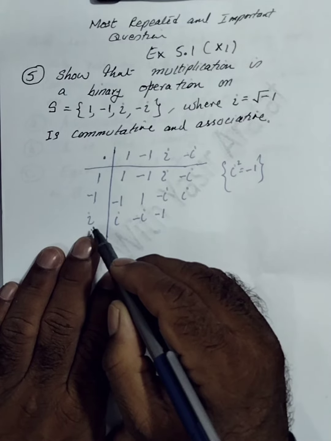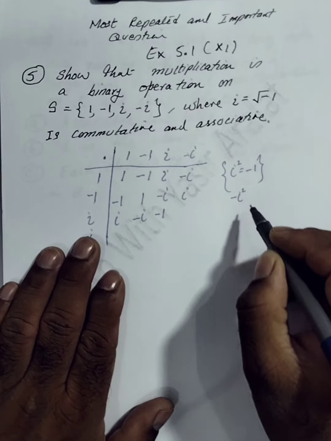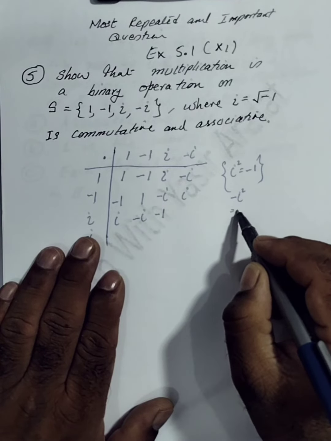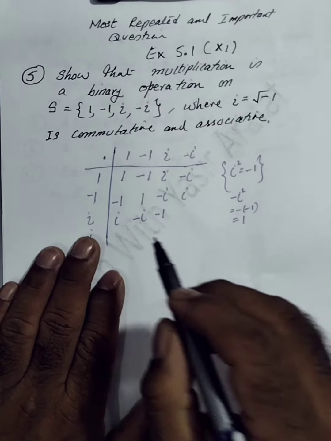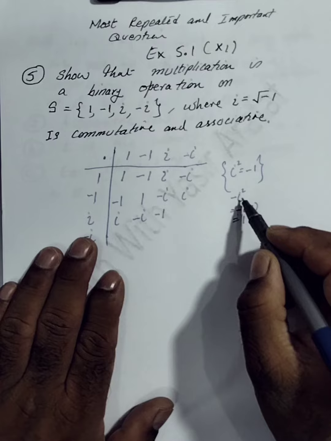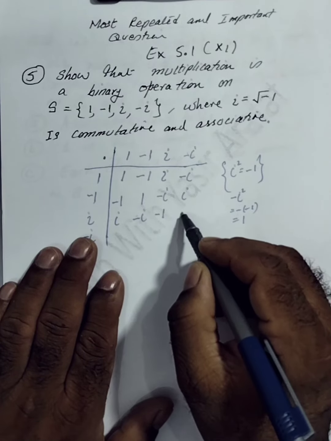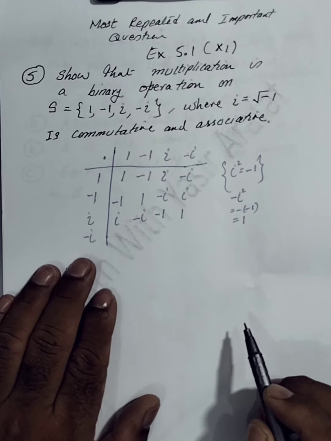Iota multiplied by minus iota is minus iota square, which equals +1, so we write down its value, not iota square.